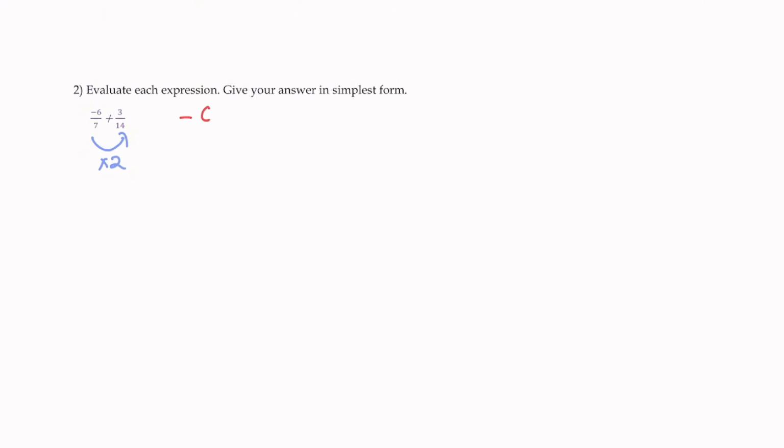So this is minus 6 over 7, and both of them multiply by 2 to make it 14 in the denominator, plus 3 over 14, which is equal to minus 12 over 14 with the minus sign here, right? 6 times 2 is 12, plus 3 over 14, which is equal to minus 12 plus 3, giving us minus 9 over 14.